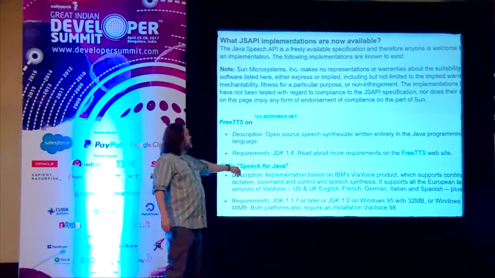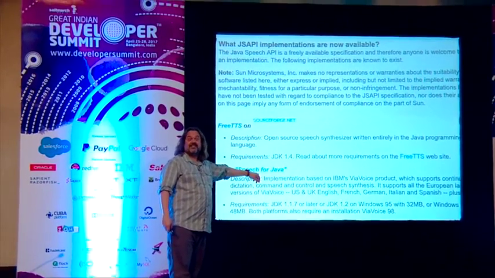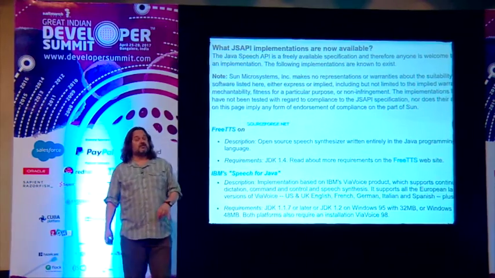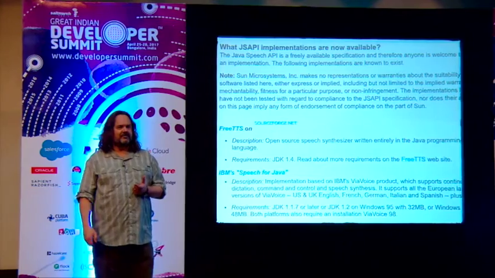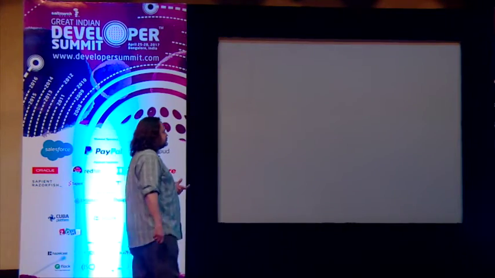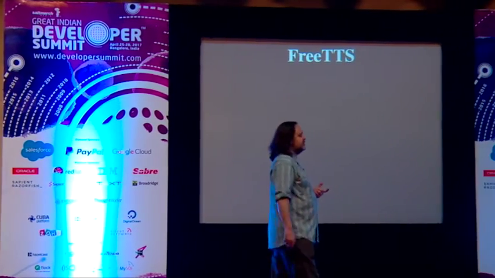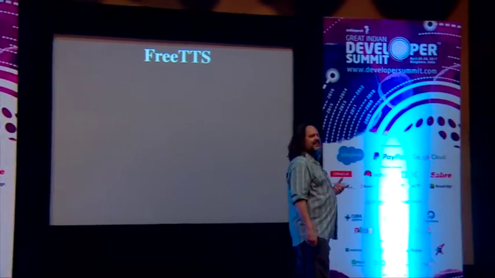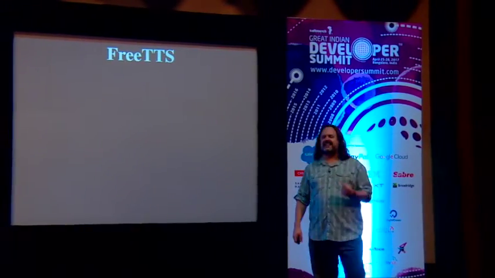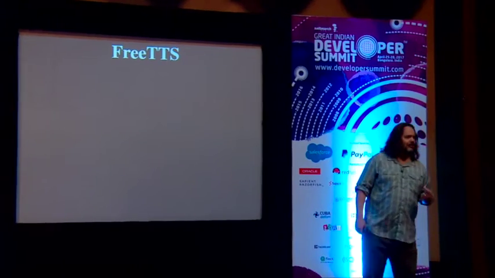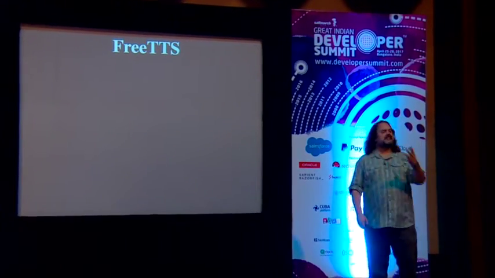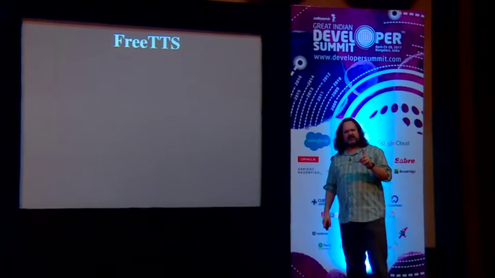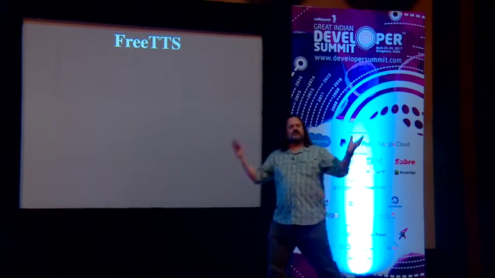IBM's speech for Java no longer exists, but the Watson project does, so we'll take a look at that API as well. But we want to get started with FreeTTS because at some point we've got to get a nice little hello world in place. At some point we've got to get our computer making noise. And once we make noise once, we can do it a whole bunch of times.